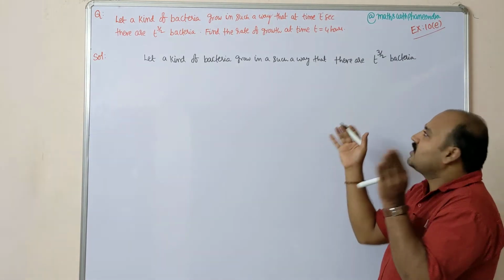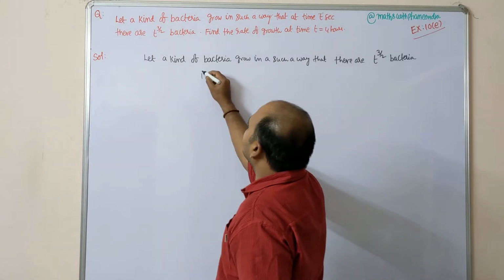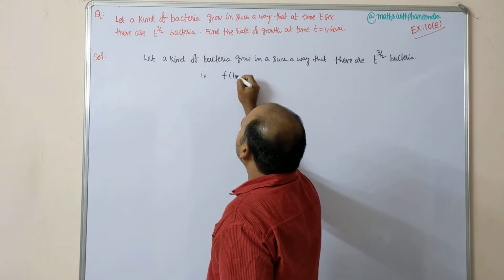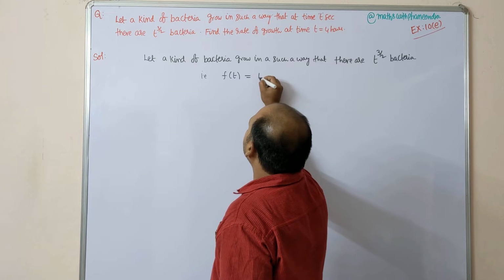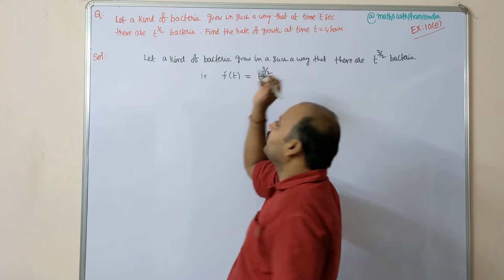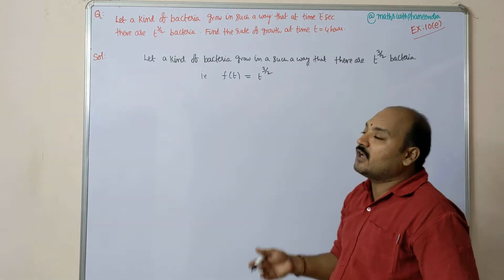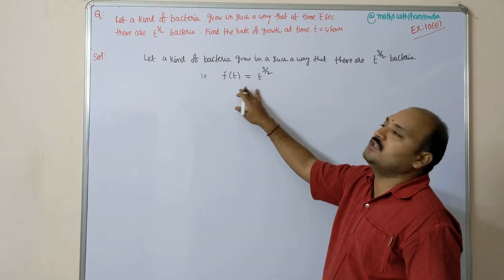So total bacteria is t power 3 by 2. That is, we are assuming f of t. So the total bacteria is t power 3 by 2. We are going to calculate the growth, increase in the bacteria.